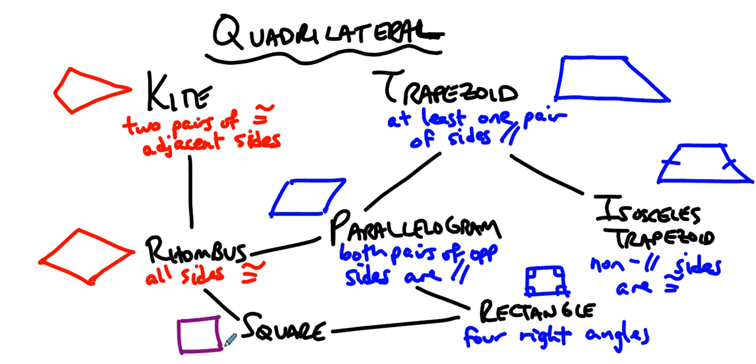The square is a rhombus, all the sides are congruent, and it is a rectangle, it has 4 right angles. So you have this family tree of quadrilaterals that start with 2 very divergent ideas, and you make things more and more special until then you have something that takes every one of these ideas into account.